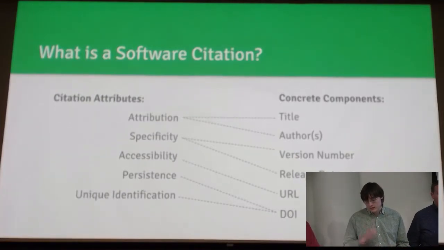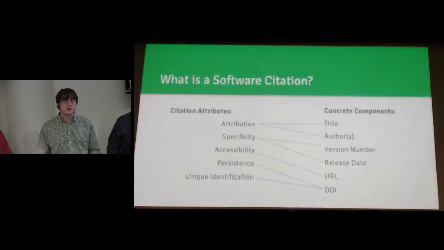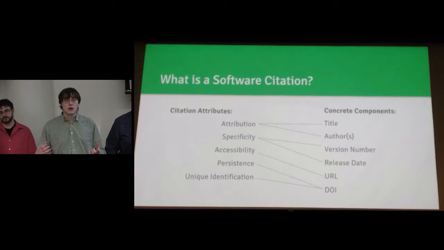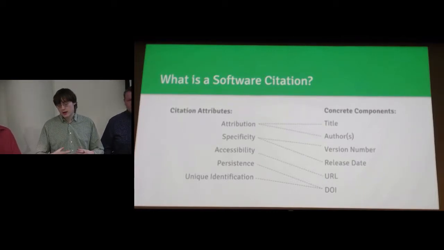We provide specificity by providing the version number and release date, which is really important because if you don't provide those, you can't pull the exact version of software that was used. We also provide a URL and a DOI if available, which both provide access to the software, but the DOI also provides persistence and unique identification because it sort of snapshots a repository.